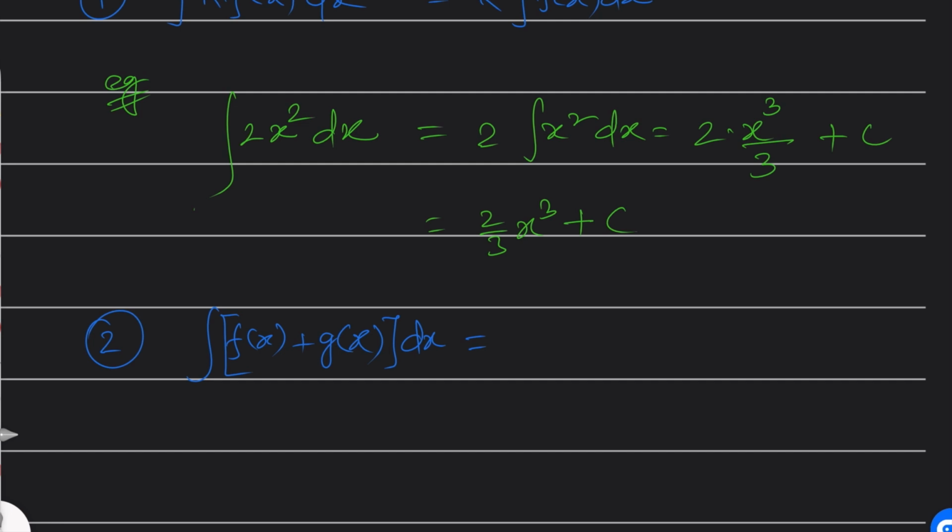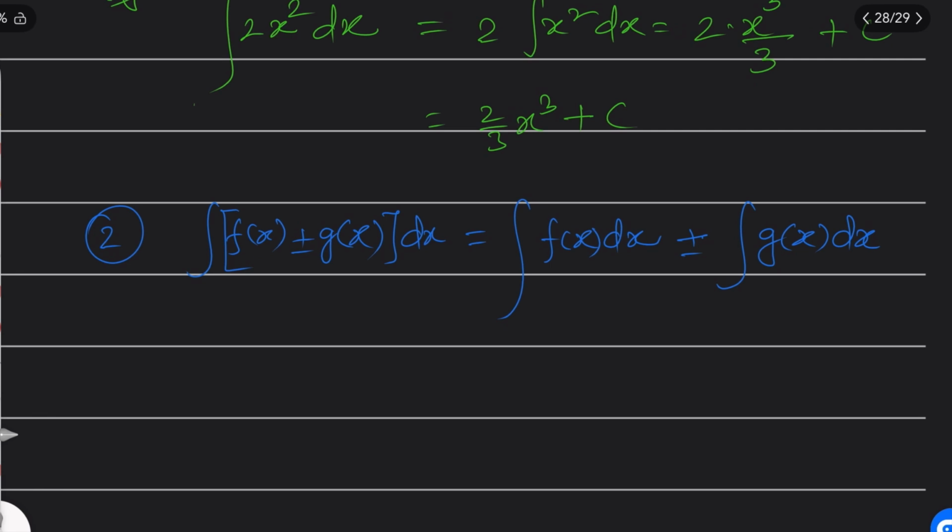In case of differentiation, we did the same thing. You should integrate first f of x, then plus or minus, it may be minus also, integration of g of x. Simple rule.